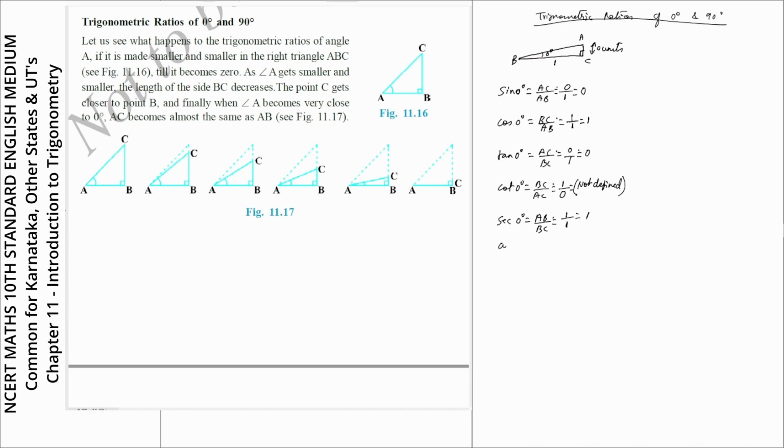Now cosecant 0 degree is hypotenuse by opposite, that is AB by AC. So here it is, AB is 1 and AC is 0. So this is also not defined.